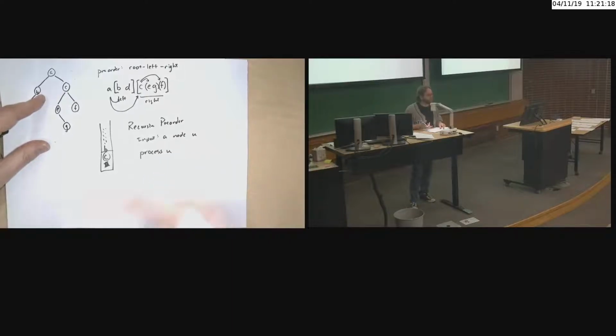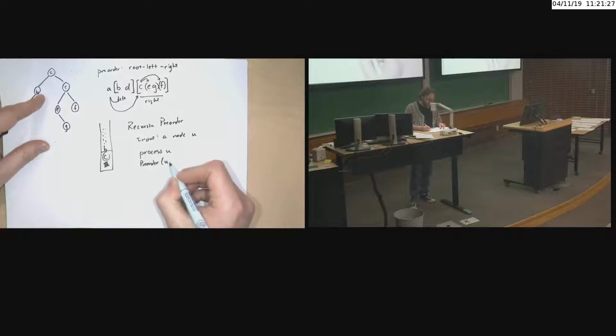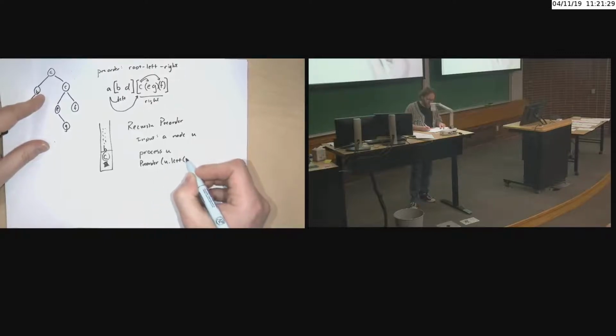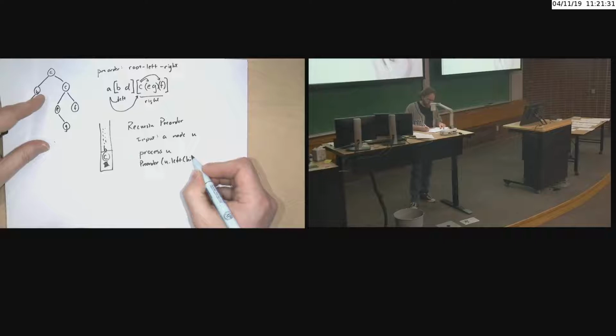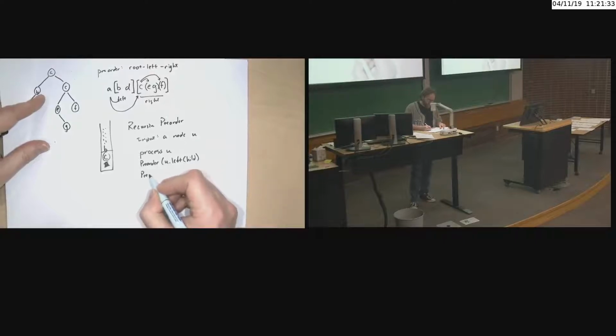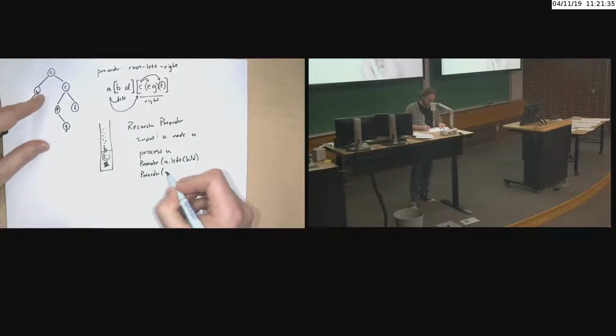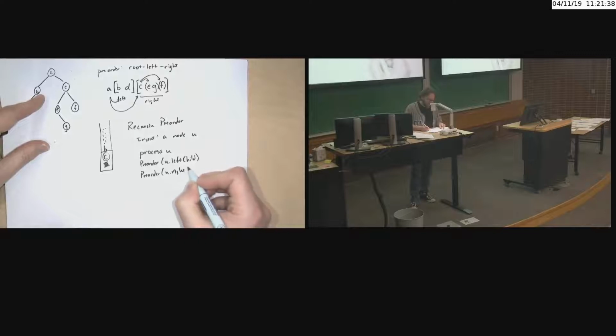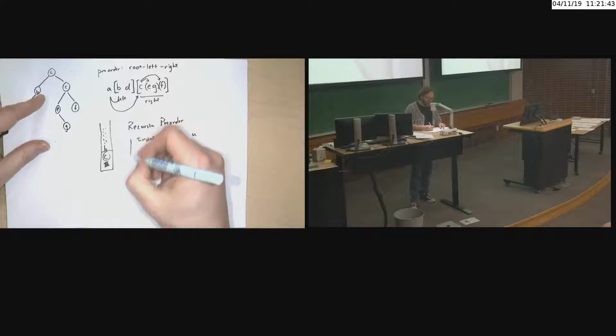And then we're going to recurse, first on its left subtree, and then on its right subtree. So we'll call preorder on u's left child, and then we'll call preorder on u's right child. All right? This is what we covered last time.